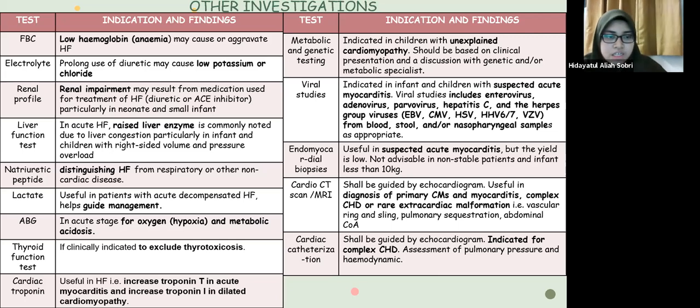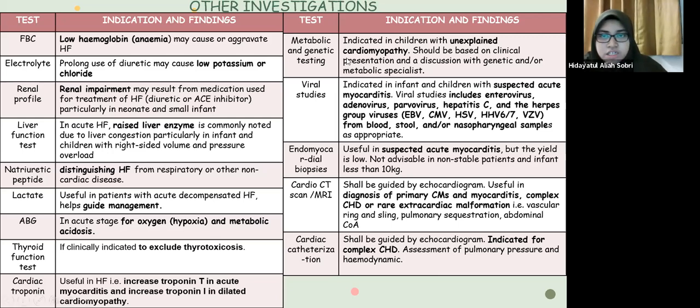Lactate is useful in patients with acute decompensated heart failure to guide our management. And then ABG, to look for hypoxia or metabolic acidosis, thyroid function test to exclude thyrotoxicosis, and cardiac troponin, with increased troponin T in acute myocarditis and increased troponin I in dilated cardiomyopathy.